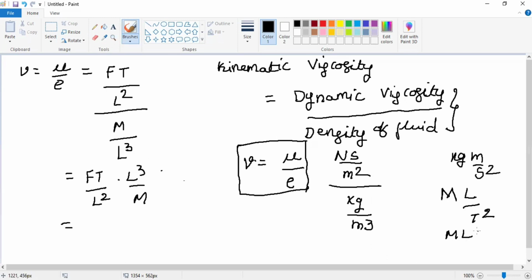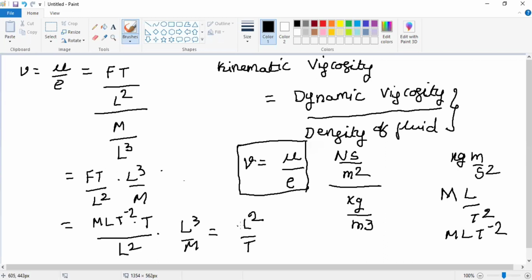So it can be written as M L T power minus 2. So we can write F T L cube by L square M as M L T power minus 2 into T by L square into L cube by M. By simplification, we get L square by T.